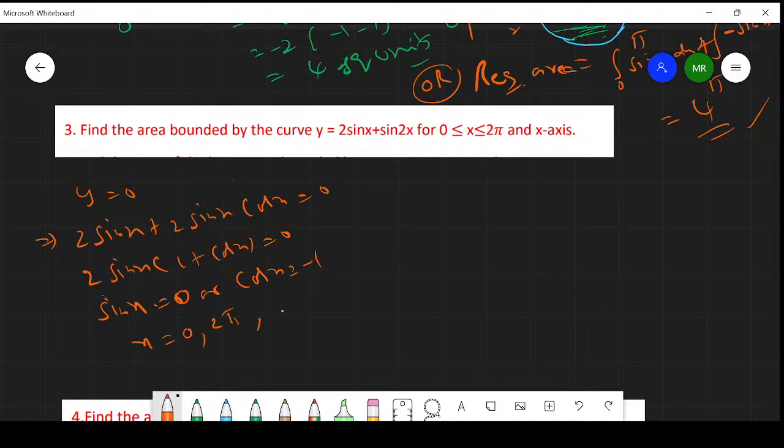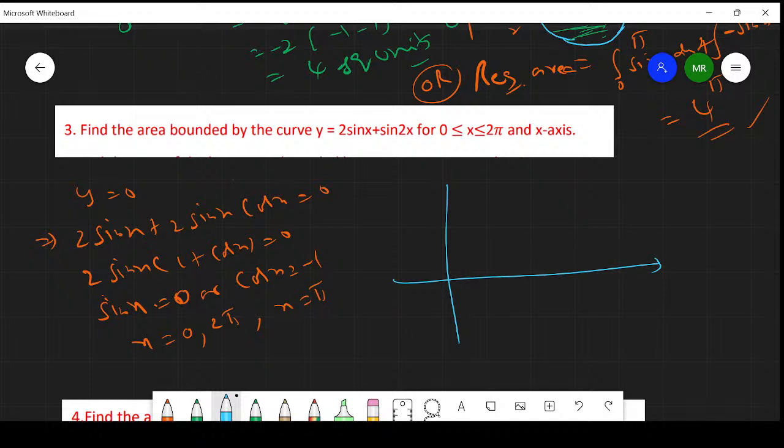When cos x equals minus 1, x is equal to pi. We have 0, 2 pi, pi. These are the values we got. At these values, the curve intersects the x axis. At 0, pi, 2 pi, it intersects the x axis. Correct. Now I will draw the graph.